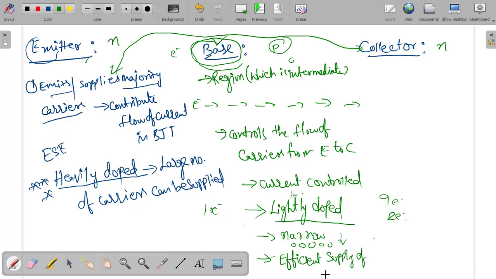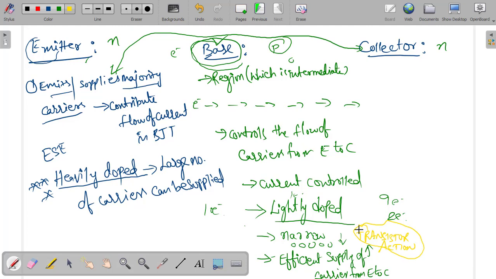This is your transistor action, very important. Clear? The process of efficient supply of carriers from emitter to collector is called transistor action.